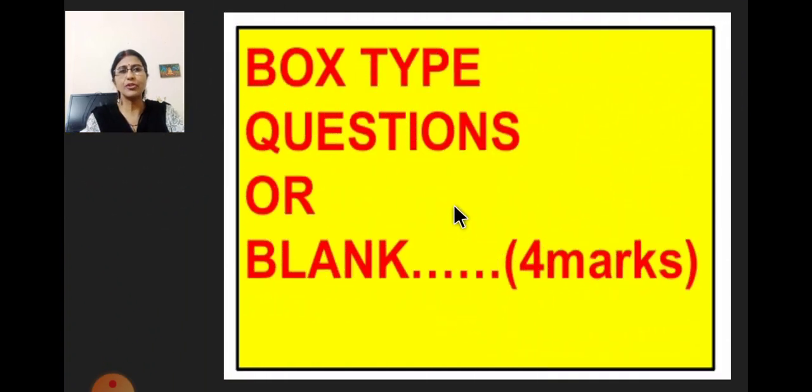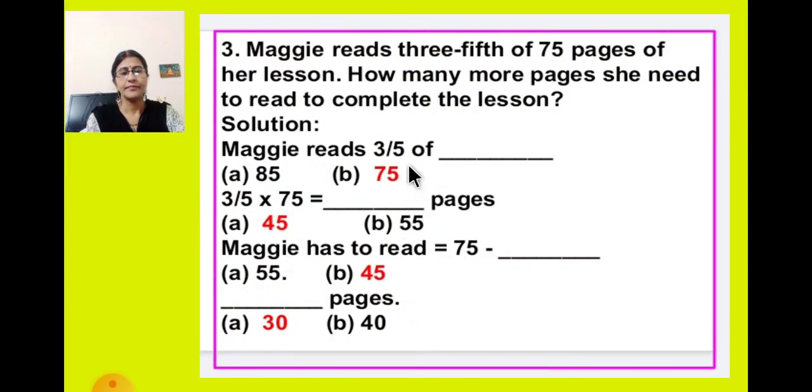Now there will be some box type questions, or you will be given blanks. You have to fill in the blanks. This is one example. Maggie reads 3/5 of 75 pages of her lesson. How many more pages does she need to read to complete the lesson?